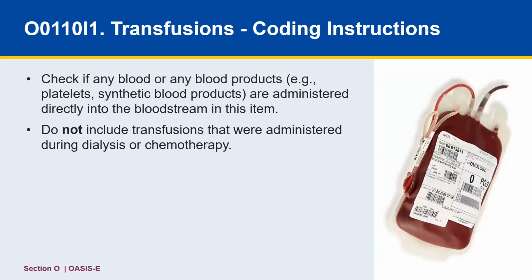Moving on, we have O0110I, which is transfusions. Here you would code transfusions of blood or any blood products. However, as we mentioned in many of the other items, you would not code any transfusions that were administered during dialysis or chemotherapy.